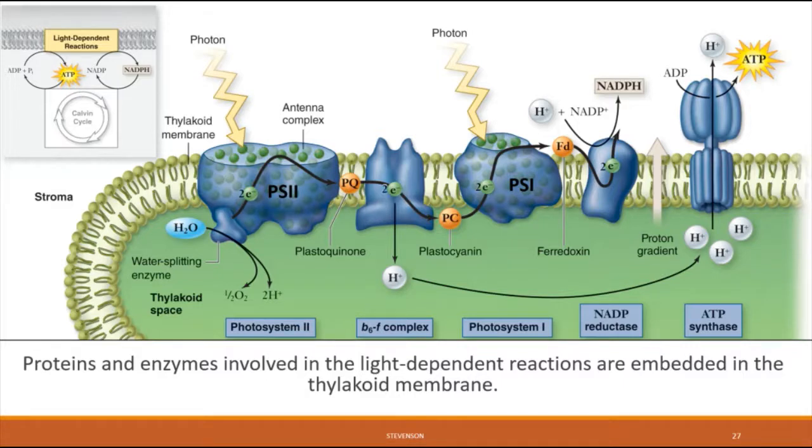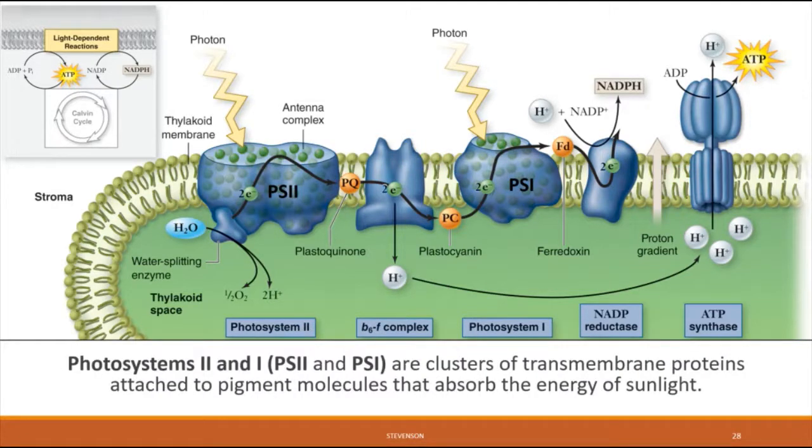So, we've got a thylakoid disc right here. And this is the membrane of it. It's a phospholipid bilayer. Embedded in that membrane are a series of proteins. Two of these proteins in particular are very important, and they are called the photosystems. Specifically, photosystem 2 and photosystem 1, which I've highlighted here.